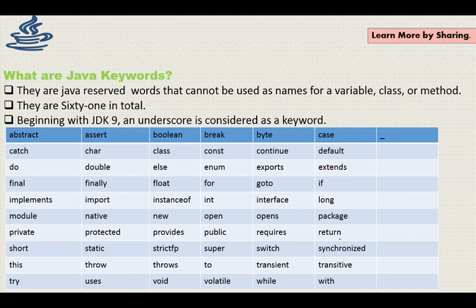All these are a lot, right? These you should consider as names that you cannot use as variable names or class names. So even an underscore, don't forget.